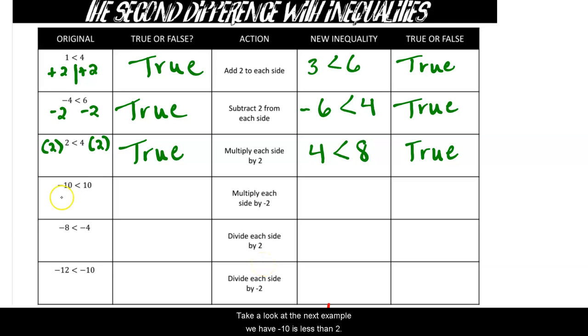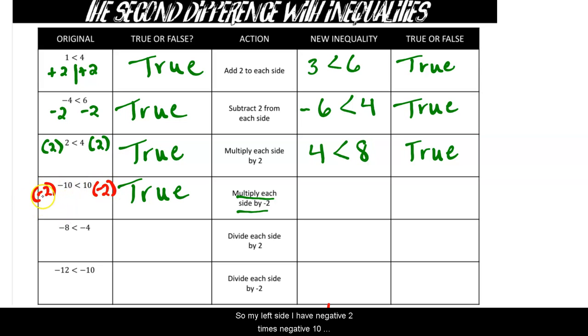Let's take a look at the next example. We have negative 10 is less than 10. All negatives are less than all positives, so we're going to say that this is true. But this time we're going to multiply each side by a negative 2. So instead of that positive 2, we're going to see what happens when we multiply by a negative 2.